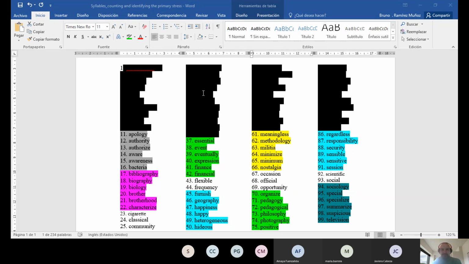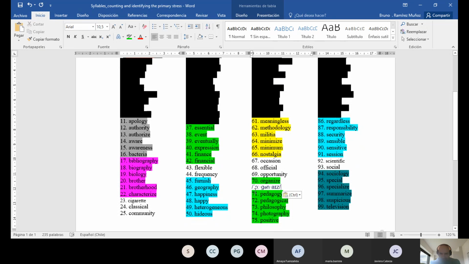I think that's going to be helpful for you to explain the syllable division. Okay, something like this. So in the word 70, I have the transcription here, and I have the syllable division with this dot.